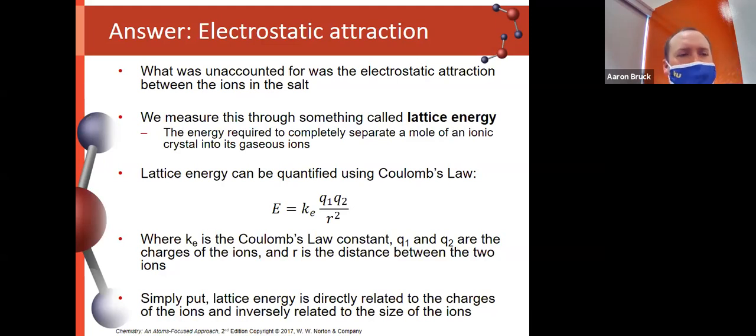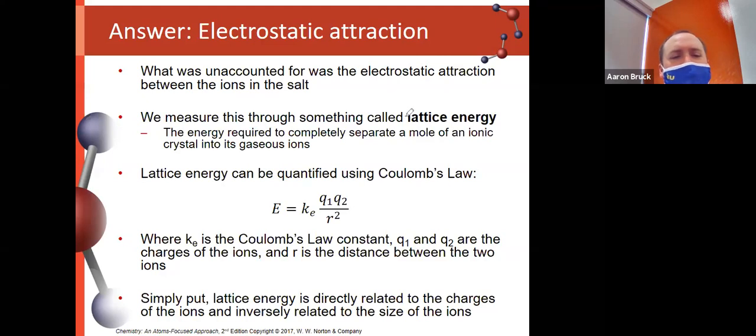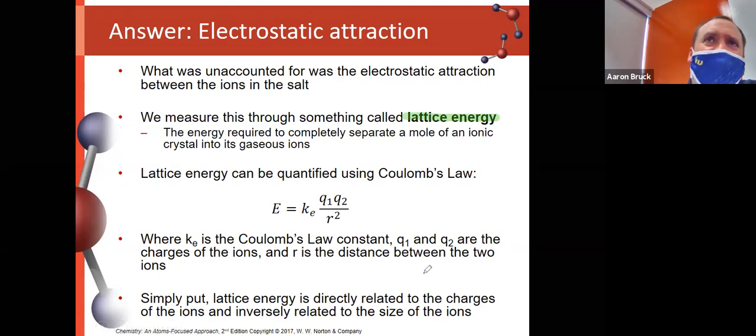For ionic bonding, there's a special name that we put to this electrostatic attraction. And it's called lattice energy. Now, the textbook definition of lattice energy focuses not on the coming together of the ions, but rather the pulling apart of the ions.